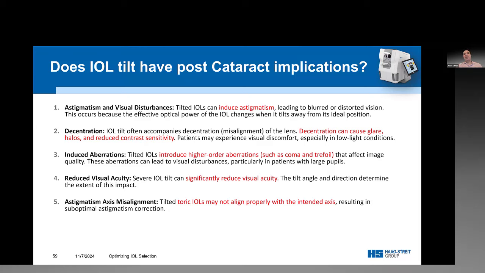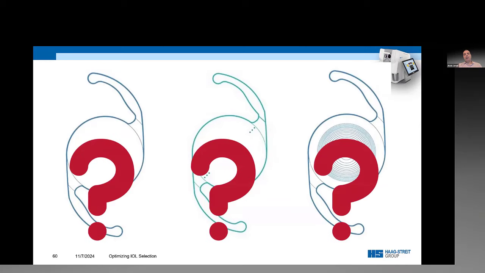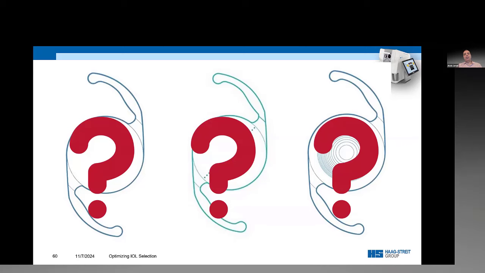Toric IOL may not align properly in some cases, and in rare cases, the tilted IOL may be less stable over time. So looking at the most commonly used IOLs for cataract surgery, how do we decide which IOL should be used and when?